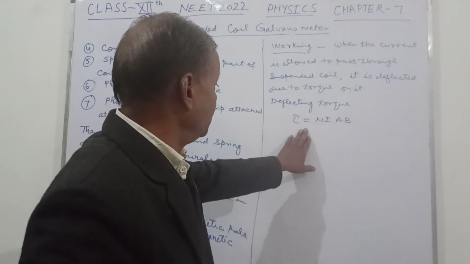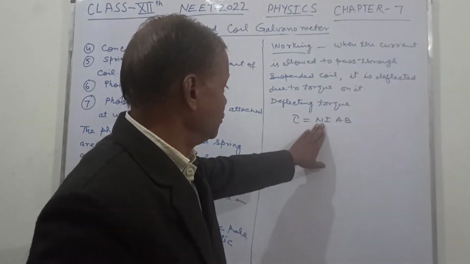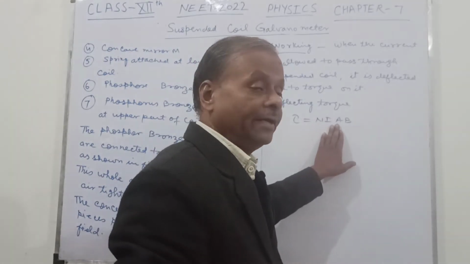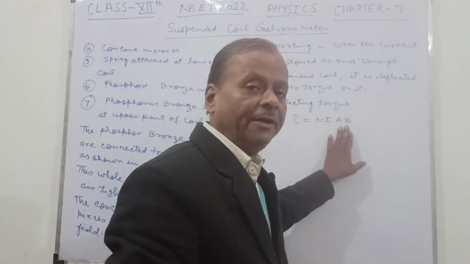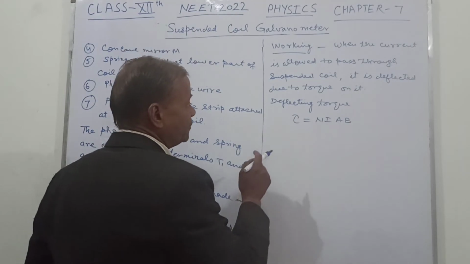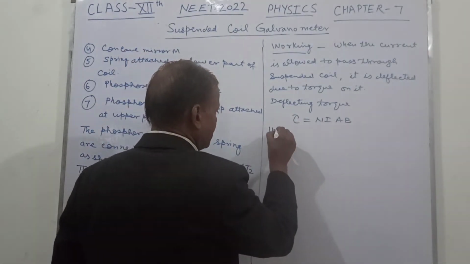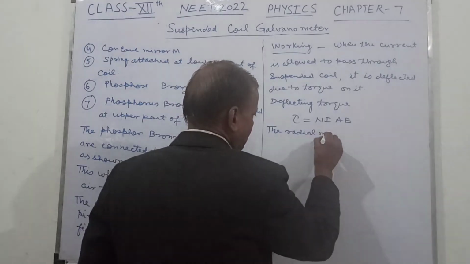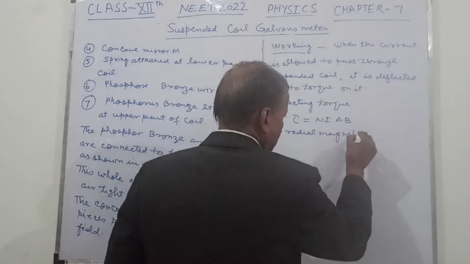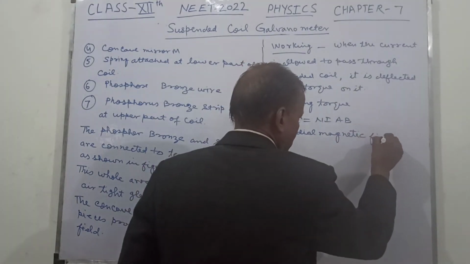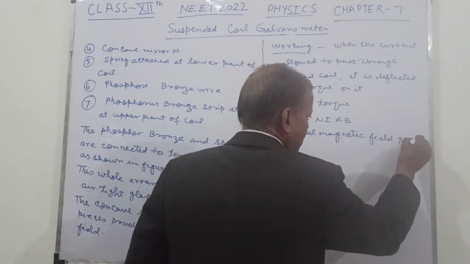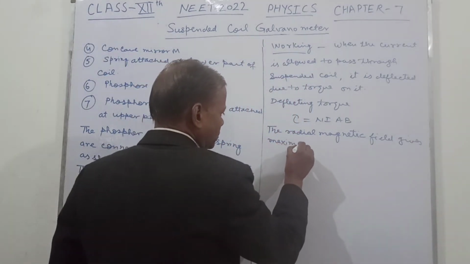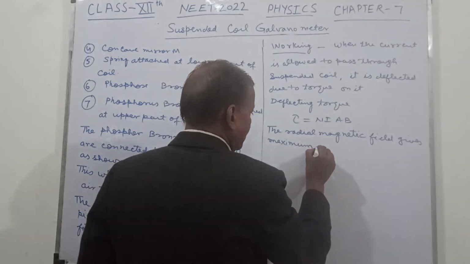And this I have told you in the principle that this torque is equal to NIAB, N the number of turns, I the current in the coil, A the area of the coil, and B the magnetic field. The radial magnetic field gives maximum torque, maximum deflecting torque.